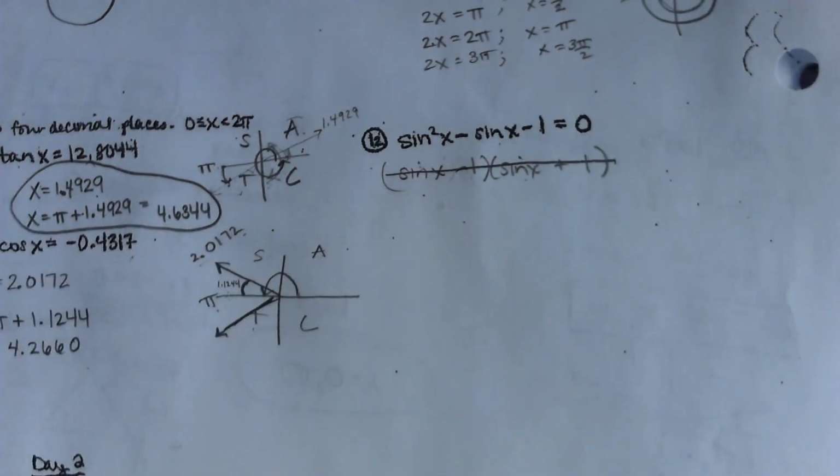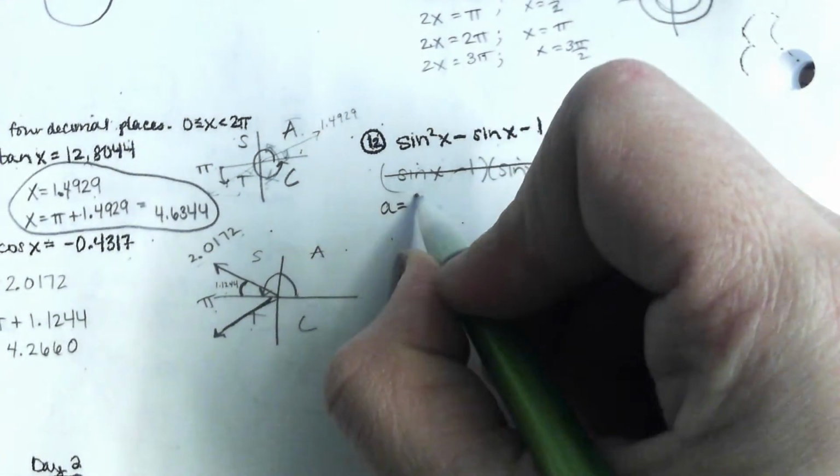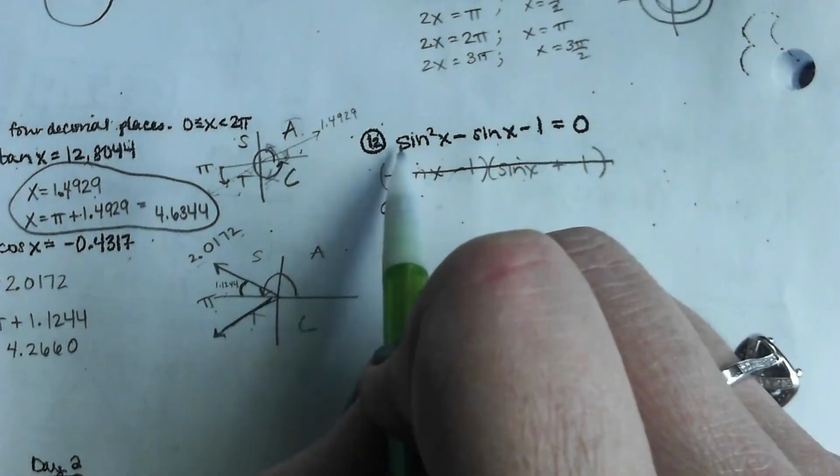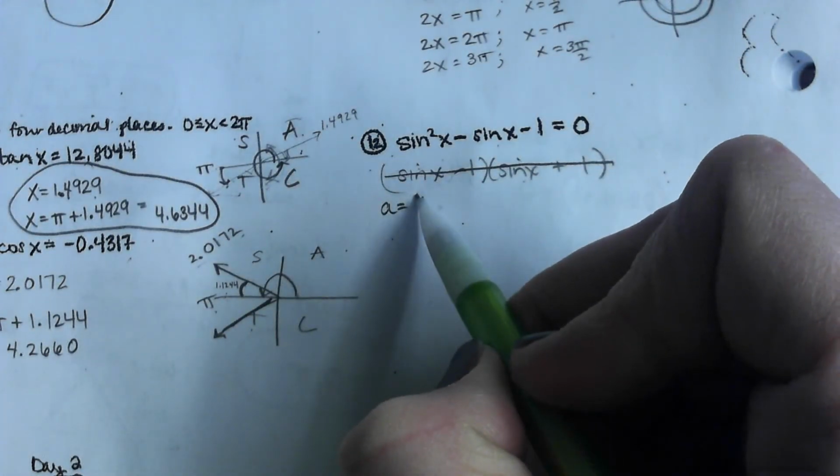If a quadratic is not factorable, what do you do to solve it? Quadratic formula, right? So what is our a value? What's the coefficient of the first term? 1.